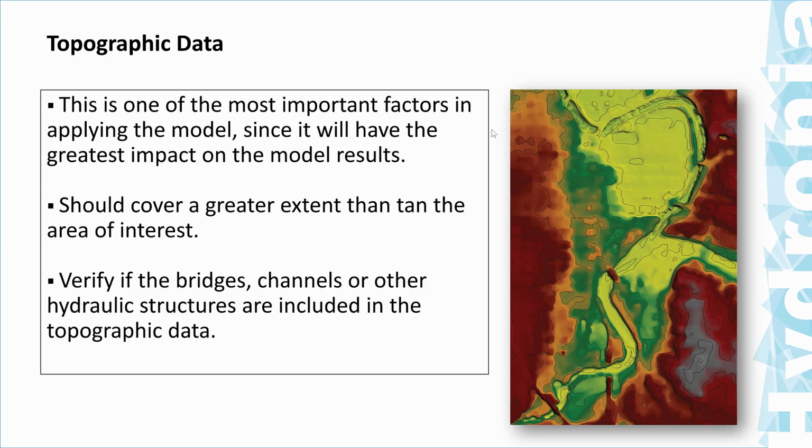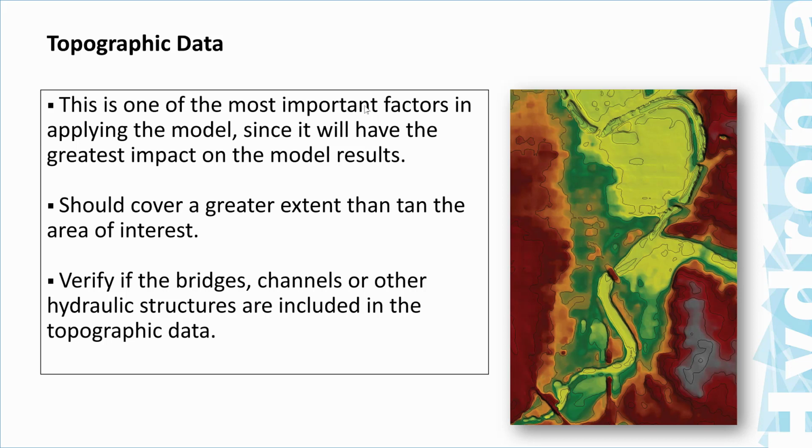Now, one of the fundamental data that we need to run HydroBidFlood is the topographic data. It's probably the most important factor in applying the model, since it has the greatest impact on the model results. So the surface over which the water flows is that terrain, and as we will see in the next session, we need a digital elevation model for that.